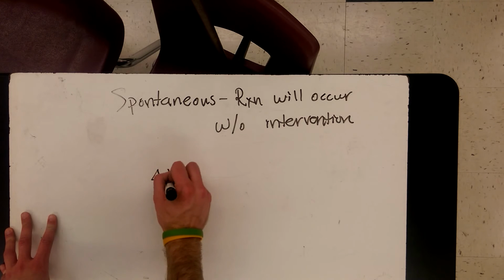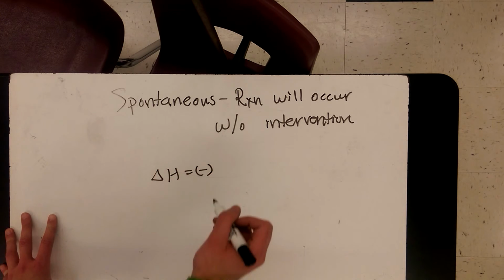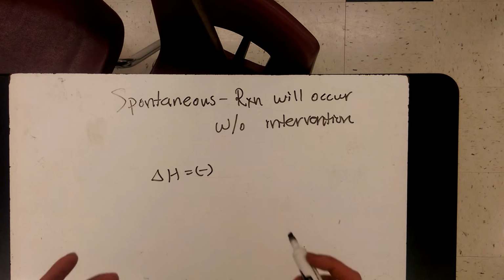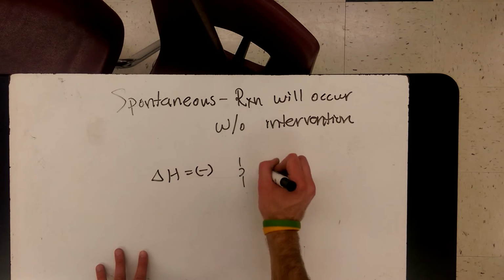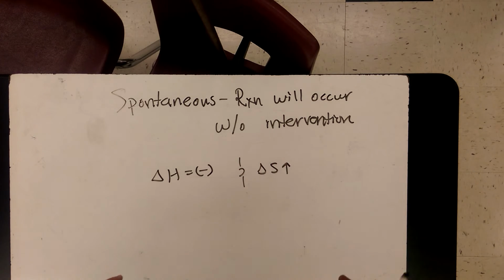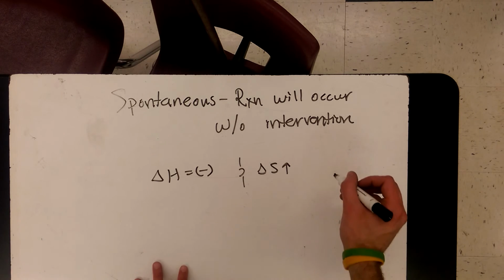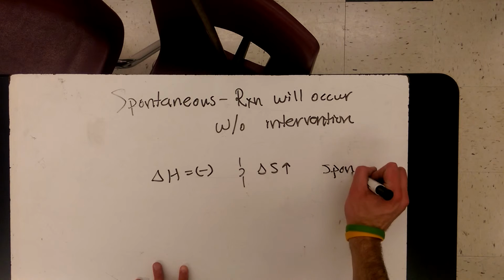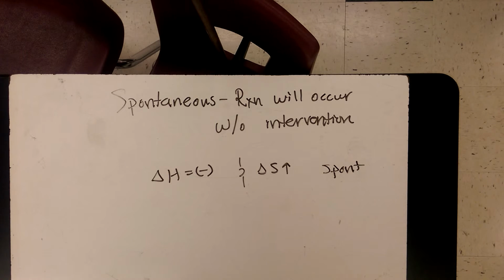If delta H has a negative value, if it's an exothermic reaction, and delta S is increasing, which is also a natural tendency, in that situation the reaction would be spontaneous. Because it fulfills both of our conditions: energy is coming out and the chaotic nature is also increasing.